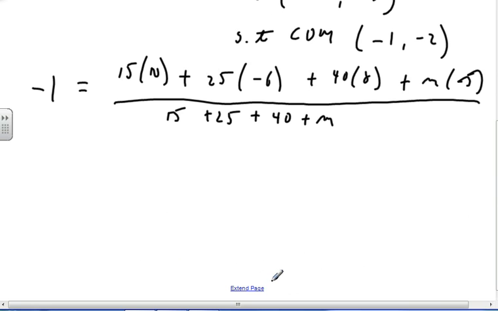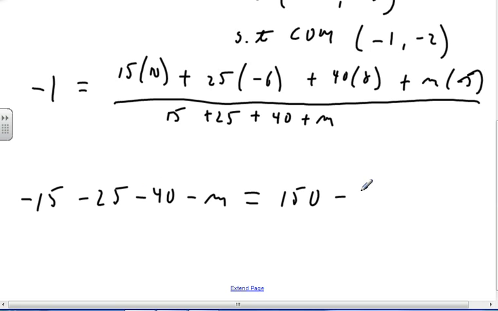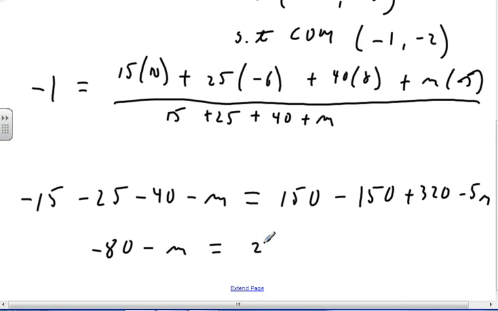Okay, so I got minus 15 minus 25 minus 40 minus m is equal to 150 minus 150 plus 320 minus 5m. Okay, so I got 40, 50, 60, 70, 80. Is that what I got? 80? Minus 80 minus m is equal to 320 minus 5m.